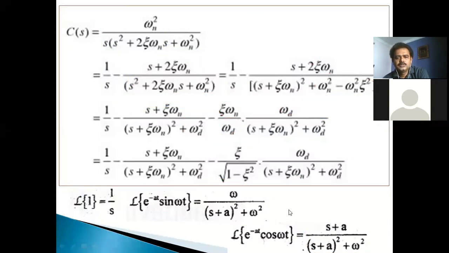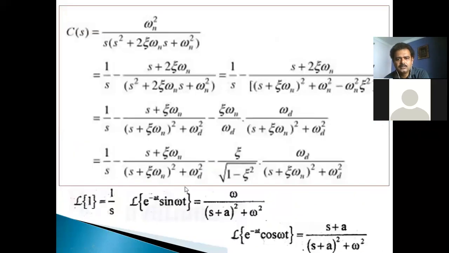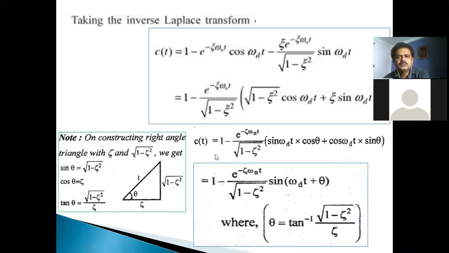So next, now taking the inverse Laplace. In the last class we have done up to that part. So now let us continue the same derivation.